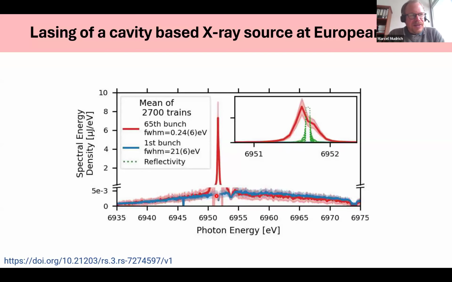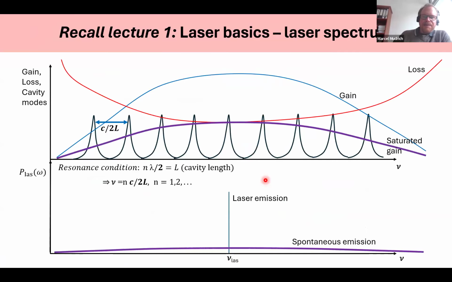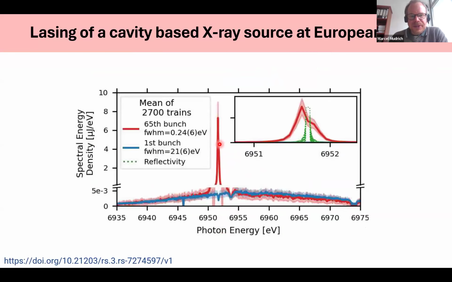Remember, this can be seen as a super radiator, this amplification of spontaneous emission, so not really a laser. But here, for the first time, people have built a real laser setup with a real laser resonator around an X-ray amplifier, so an undulator that amplifies the X-rays. Accordingly, it's now possible to get very narrow band, very intense, and very high photon energy X-ray laser emission.